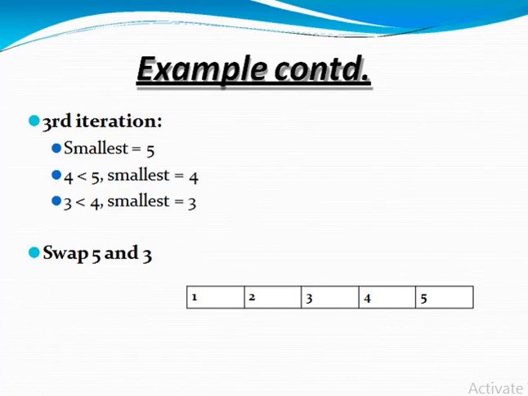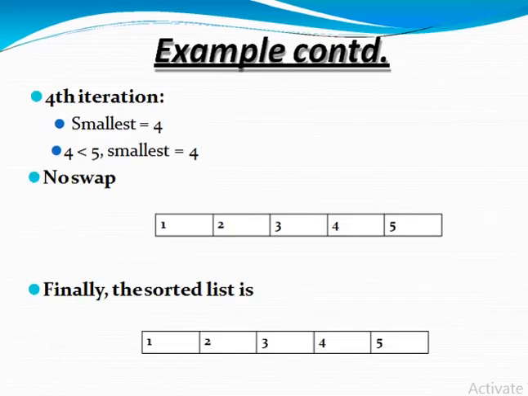To give the appropriate position to the element 3, we need to swap 3 with 5. If we swap 3 with 5, we get the following list: 1, 2, 3, 4 and 5.